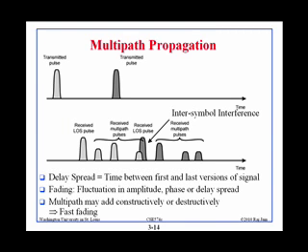Now, multipath. Another thing that happens with the wireless signal is that because things are reflected, you get many copies of the same signal. In fact, right now you are getting many copies of my voice. My voice is not an electromagnetic wave, but since the voice goes, it behaves almost the same way. It hits the wall, it is reflected.